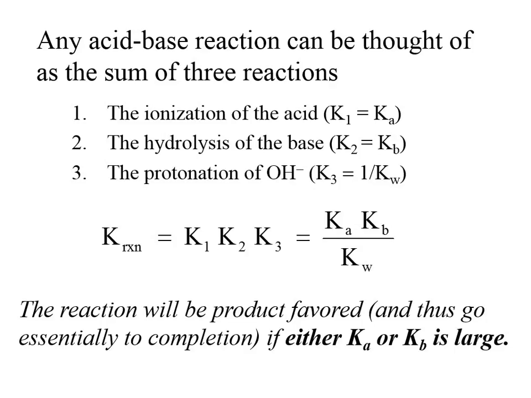So the Kas of weak acids and the Kbs of weak bases are kind of small. The Ka of a strong acid is large, the Kb of a strong base is large. So that's why we're going to focus only on reactions that favor the product side. They have a strong acid or a strong base in them.